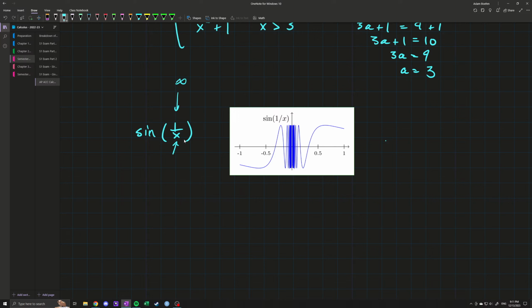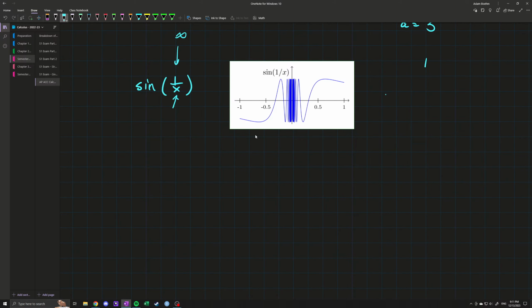And when you're going to infinity as you approach 0, basically it's just going up and down a whole bunch of times. In other words, if you're going around a circle, as you go toward the origin, you're spinning around the circle an infinite number of times. That's an oscillation. So there's oscillation, there's jump, and then there's unbounded behavior.